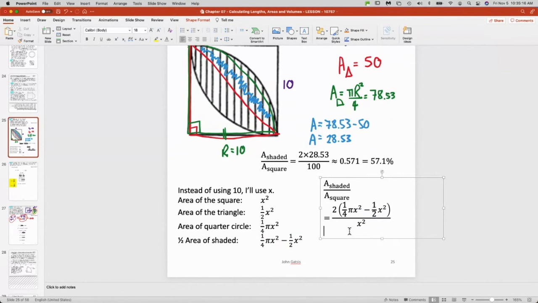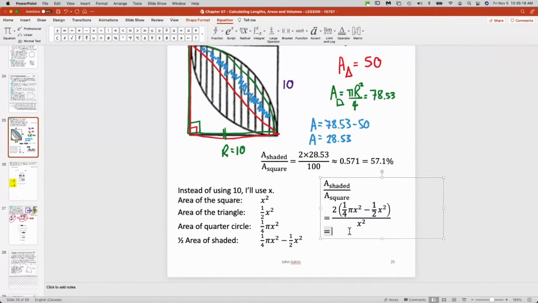But if you're not comfortable with that, let me turn everything into decimals first so that you feel better about it. This will be 2. I'm just going to grab my calculator, and you can obviously help me out with this too if you like. Pi divided by 4, so that's 0.7854.